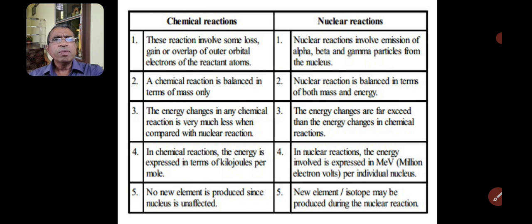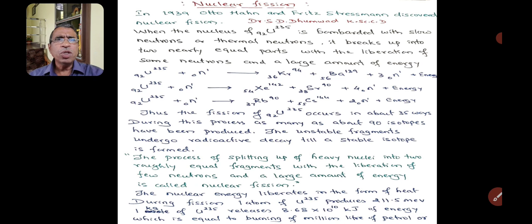This is the difference between chemical reactions and nuclear reactions. Now coming to another aspect known as nuclear fission. In 1939, Otto Hahn and Fritz Strassmann discovered nuclear fission.